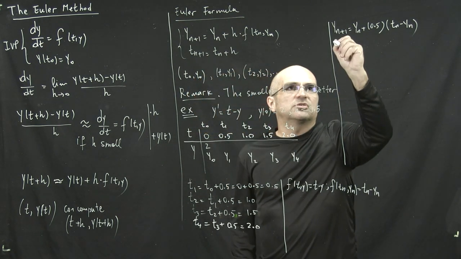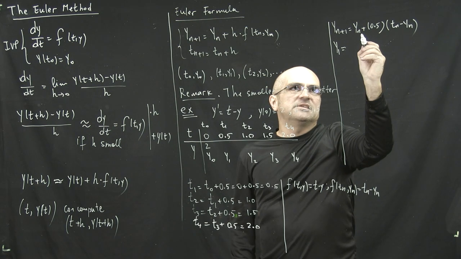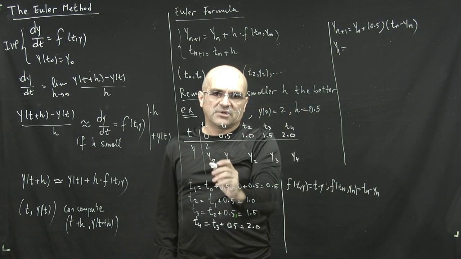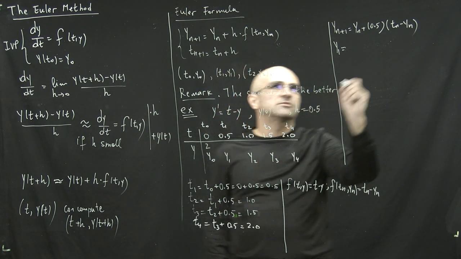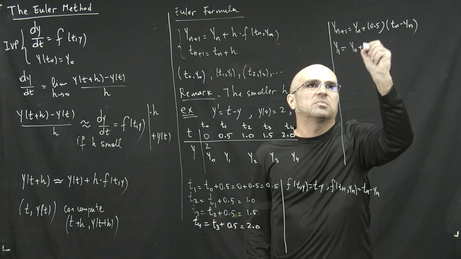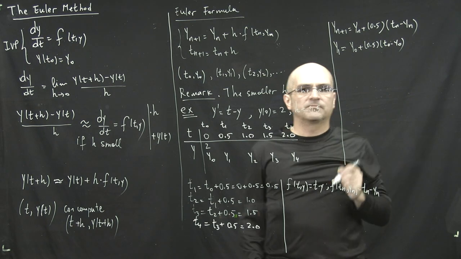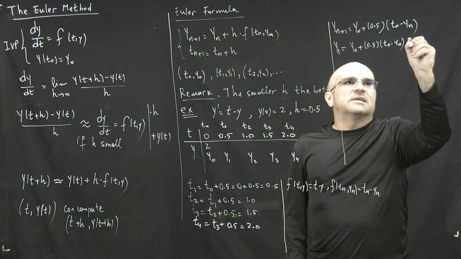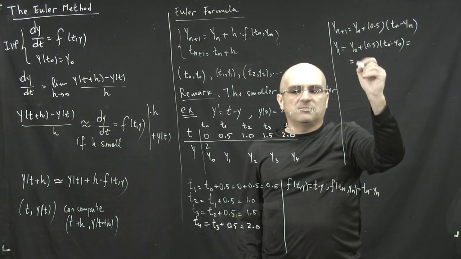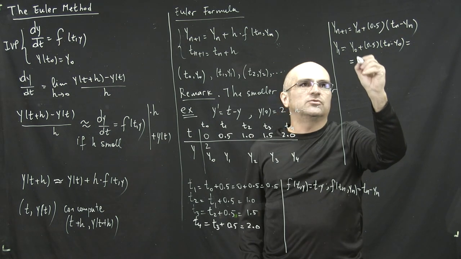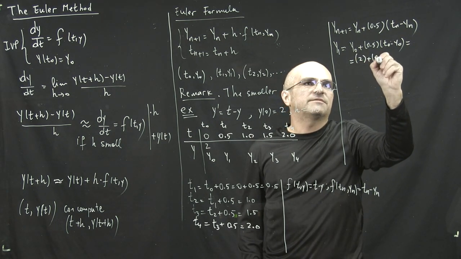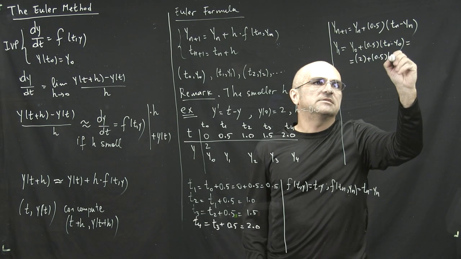For example, to compute y1, n is 0 on the right hand side, so I plug in the previous point t naught, y naught. That means y naught plus 0.5 times t naught minus y naught. In my case y naught is 2 plus 0.5 times t naught, which is 0, minus 2.